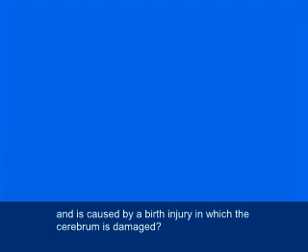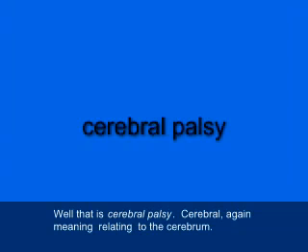What is the term for a disorder that is characterized by poor muscle control, spasticity, speech defects, and is caused by a birth injury in which the cerebrum is damaged? Well, that's cerebral palsy, C-E-R-E-B-R-A-L, and then palsy, P-A-L-S-Y.